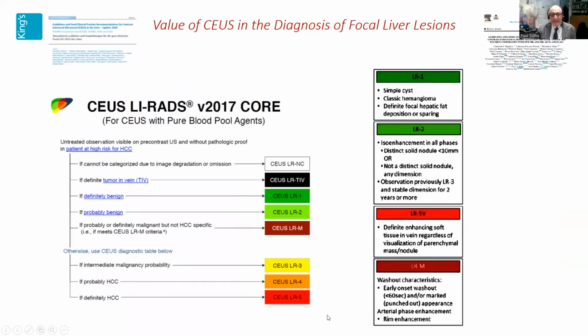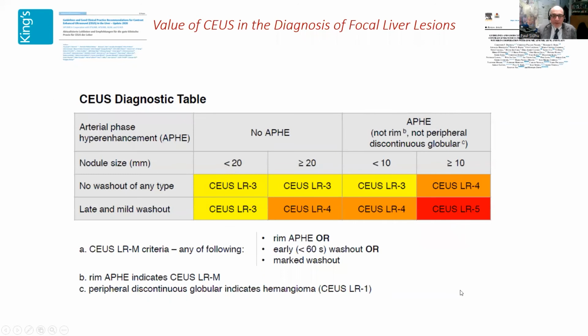And this is the table of how you would classify contrast-enhanced ultrasound LI-RADS, ranging from those normal, benign, LR1, LR2, the clearly malignant LRM, and then 3 classifications of HCC from intermediate, probable to definite. And the findings of benign lesions are very distinct and have been described a little bit earlier. So how do you classify the presence of an HCC in a cirrhotic liver?